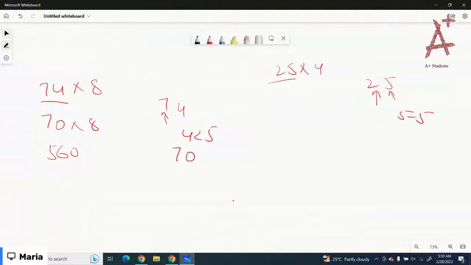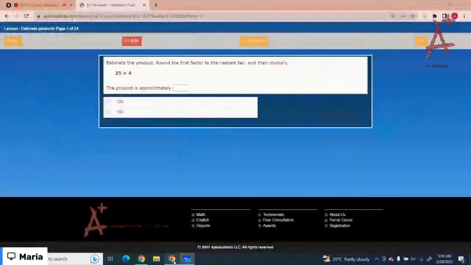Got it? They are equal. In case they are equal, you have to round up. Got it? It will be rounded off to 30. You have to do 30 times 4, and 30 times 4 is 120. Got it? 25 is rounded off to 30, so the answer would be 120. Got it?